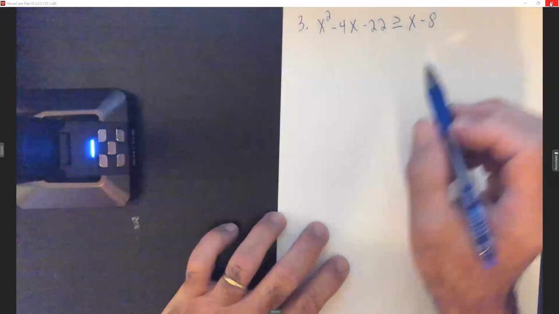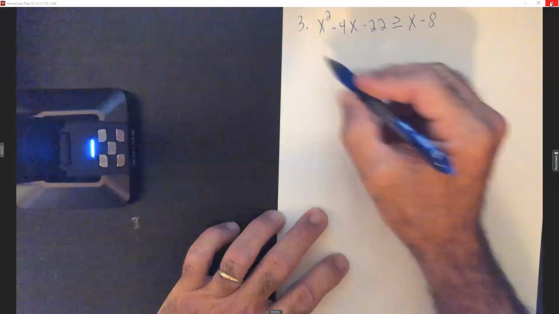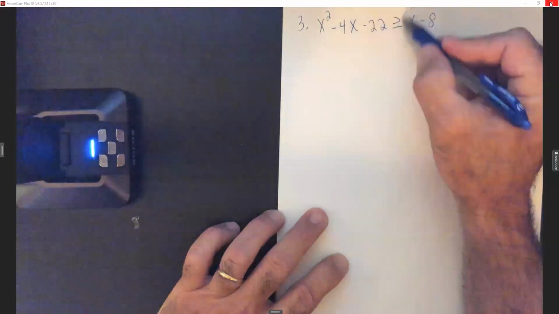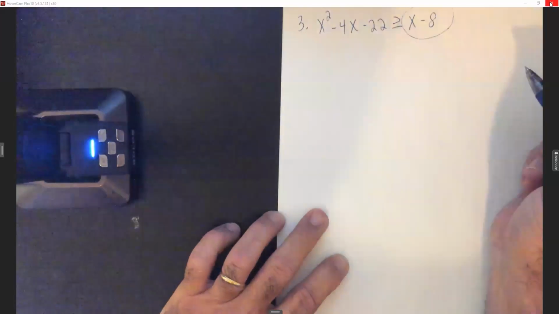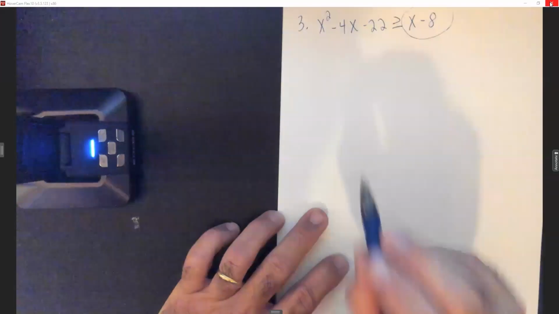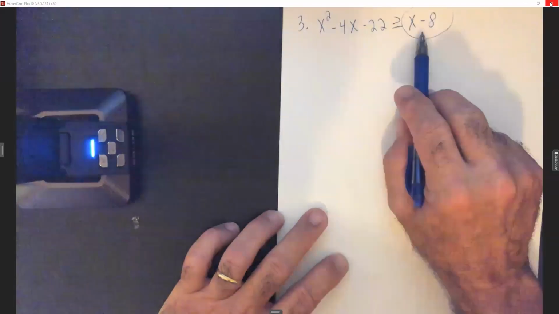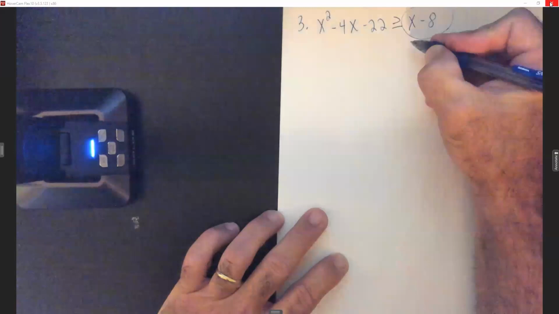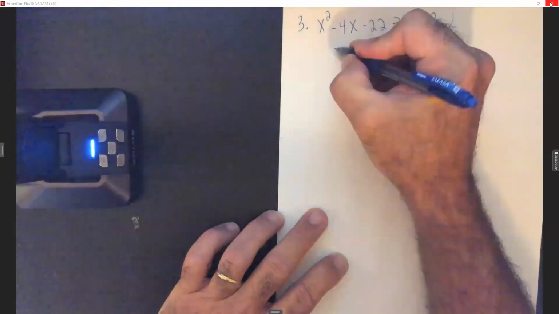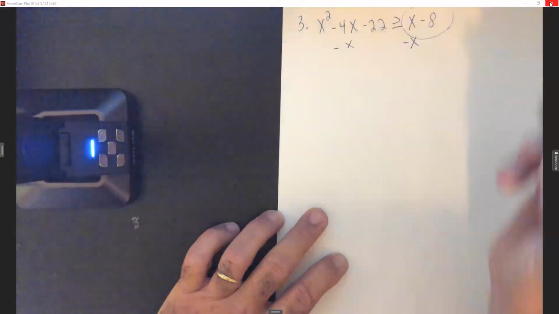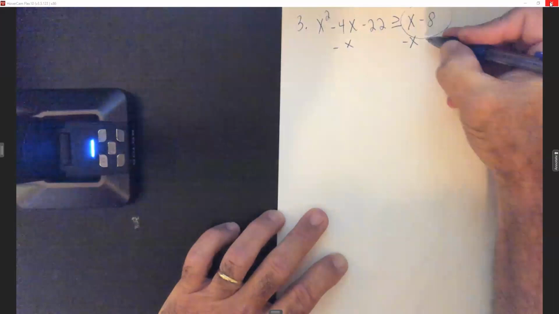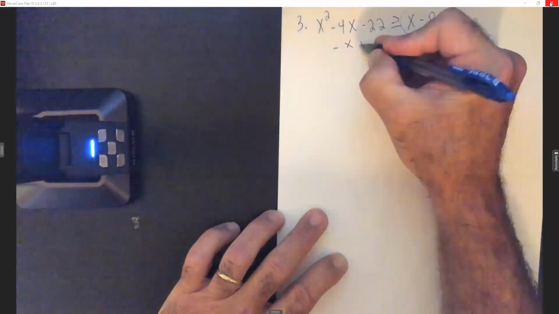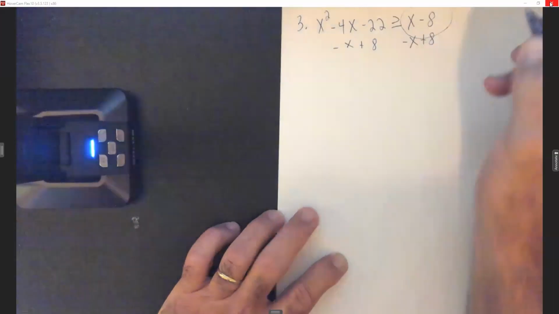All righty, so when we start these, this side has to have a 0 there instead of an x minus 8. So what we're going to do, we're going to move both of these at the same time to get a 0 here. So I would subtract the x from both sides, and then I would add an 8 to both sides. So I'm taking care of both of these at one time.